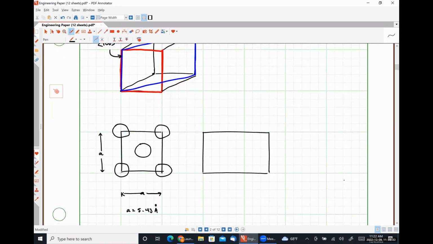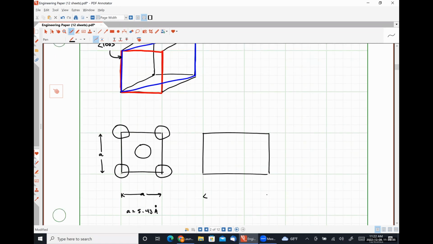The height is still exactly A, but using good old Pythagorean theorem, we can see that the distance along this bottom edge across the diagonal of our unit cell is going to be the square root of 2 times A. And because of the crystal lattice structure of silicon, we have an atom on each of the corners, an atom in the middle of each of our diagonal paths, and then there's a whole silicon atom up here as well, because we have that zinc blende or diamond crystal lattice structure that is 2 face-centered cubics interposed with each other.